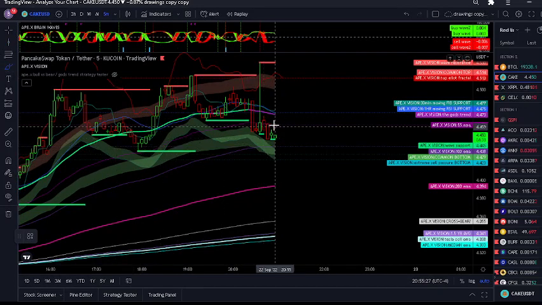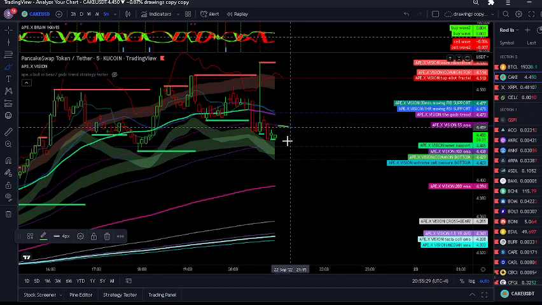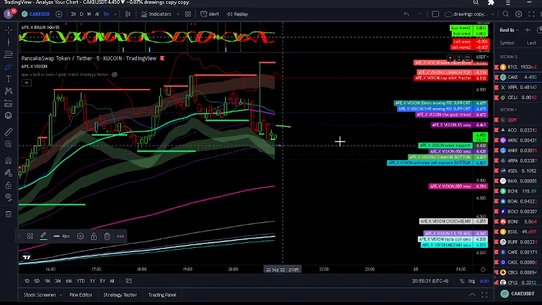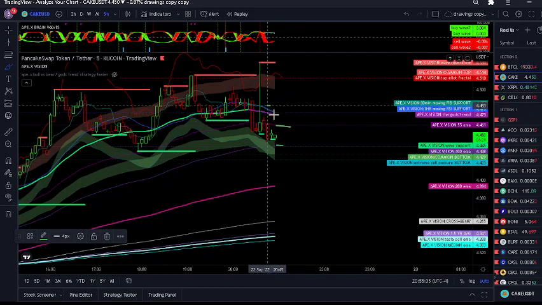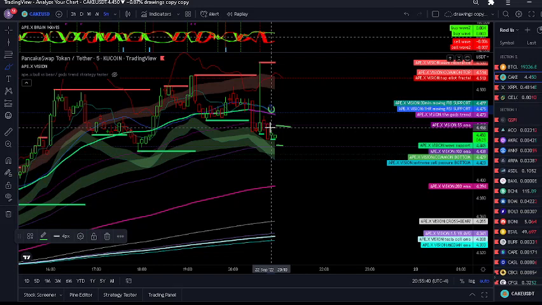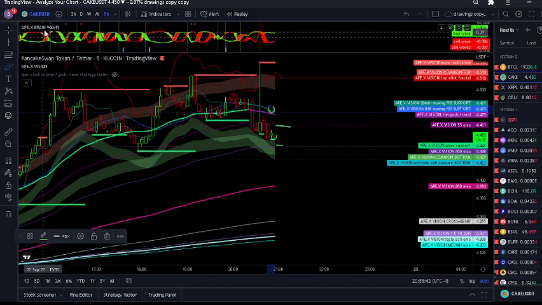Let's see, we got the 55 curving down. This is kind of curving down. We got a cross that just happened. I'll change this.